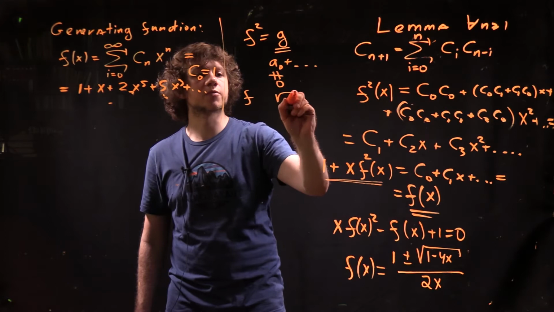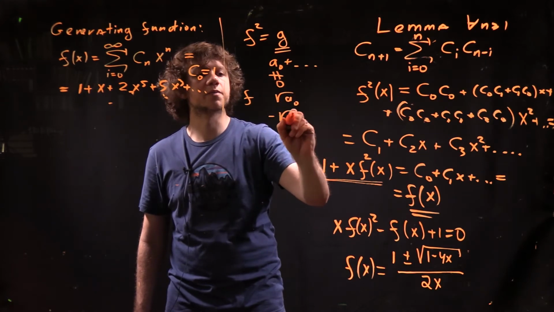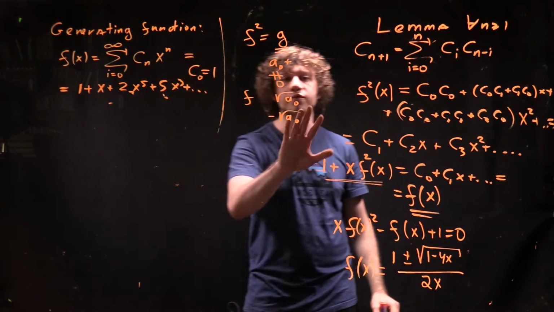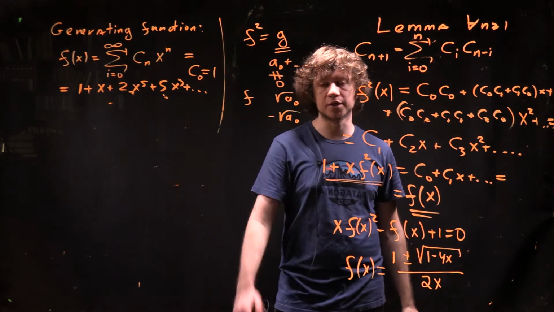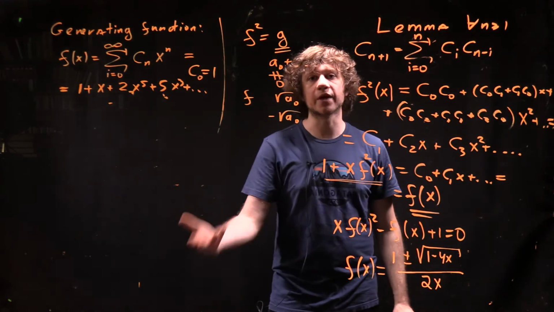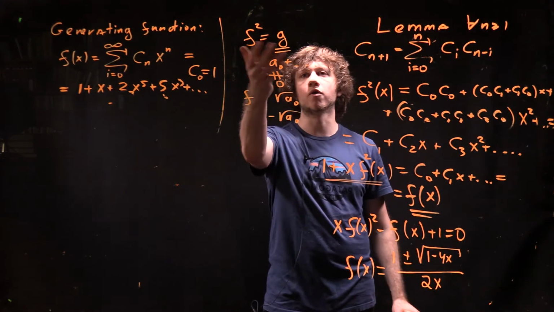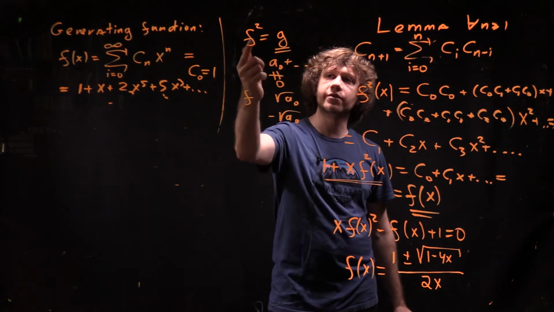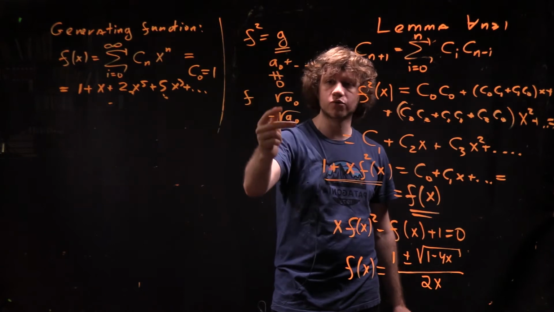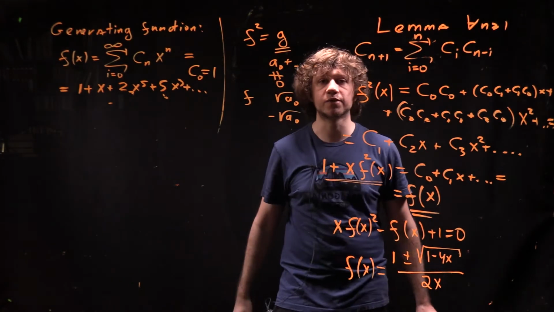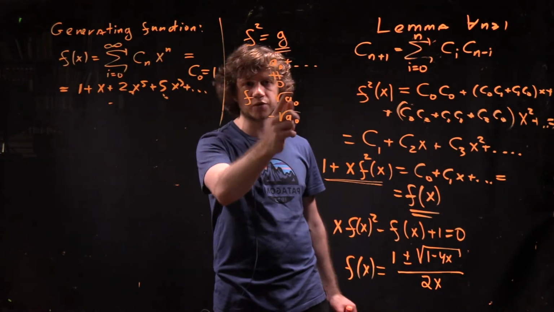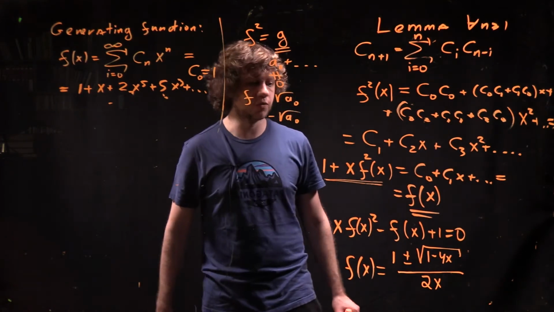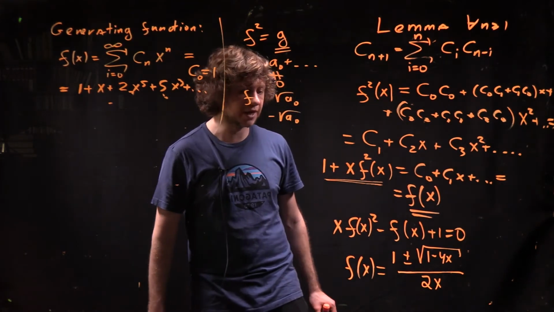One of them will start with square root of a0 and another with minus square root of a0. And the proof is exactly the same as the proof which we had before of, for instance, the fact that you can invert power series. So with formal power series, you can take square roots if your power series starts with anything which is non-zero.